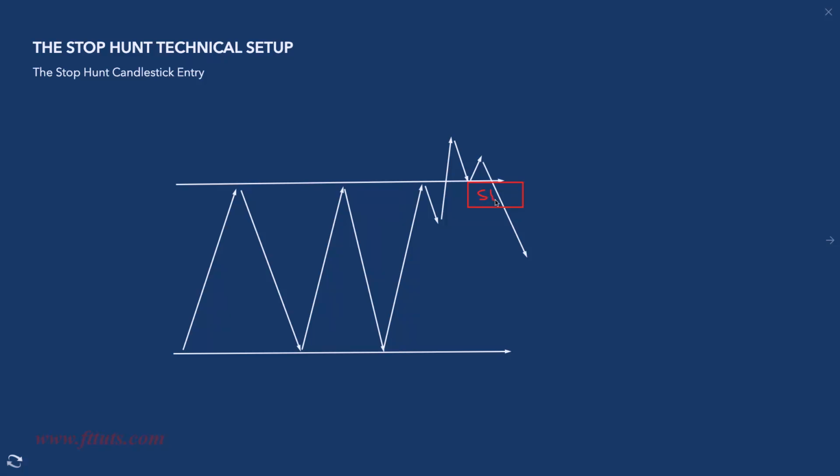And we want to see a candlestick, a bearish candlestick, yeah, that closes in and around below the swing of where retracement traders would be getting in. And once we see a bearish candle close here, that's pretty much where we want to enter. It is literally as simple as that.